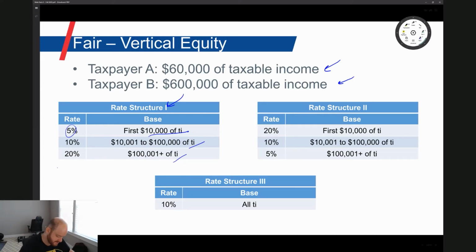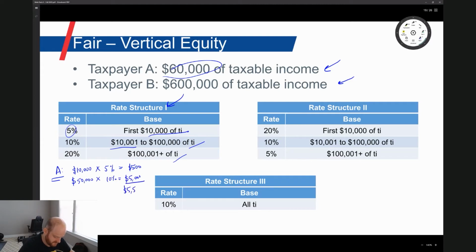So for taxpayer A, we have the first $10,000 taxed at 5%. So this is going to be $500 of tax. And the next amount, which is going to be above $10,000: since he's making $60,000, the $60,000 minus the $10,000 is $50,000, which is going to be taxed at 10%, right?